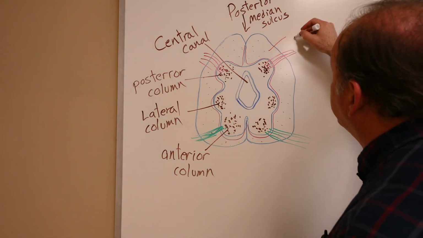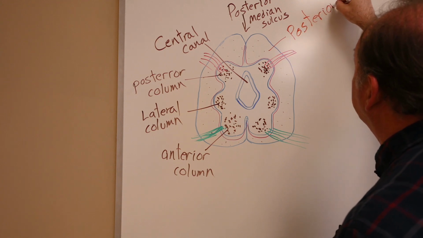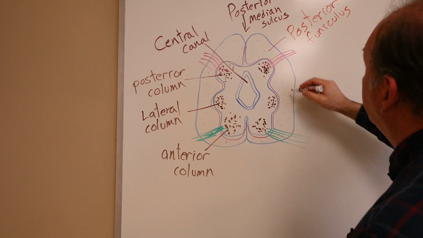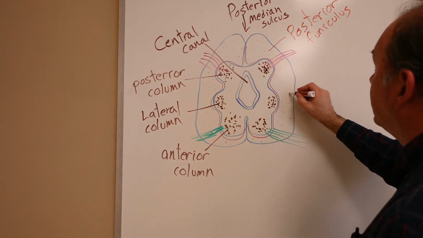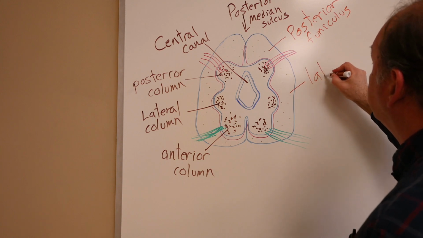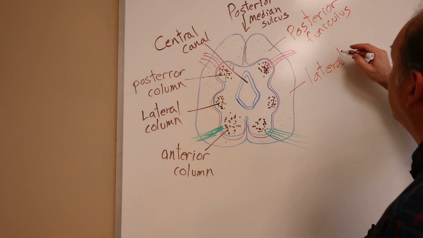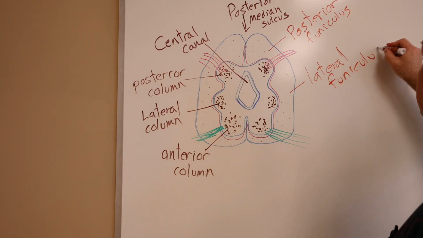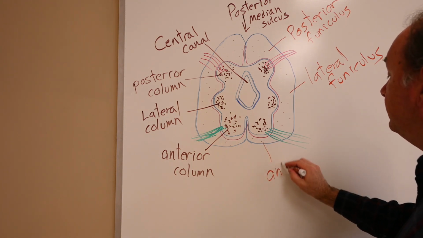This portion up here is called the posterior funiculus. This region between the incoming nerve and the outgoing nerve here along the side, this is a lateral funiculus. And then down here we have an anterior funiculus.